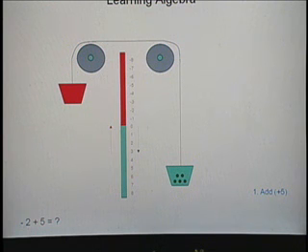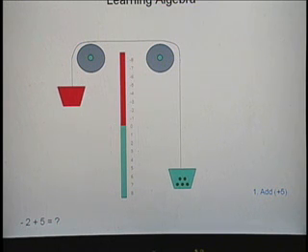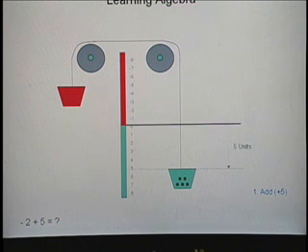Now, we have added plus 5 to our whole mechanism. Now in order to solve minus 2 plus 5, we have to add minus 2, but before we do that, let's see the green bucket, which has moved 5 units down here.